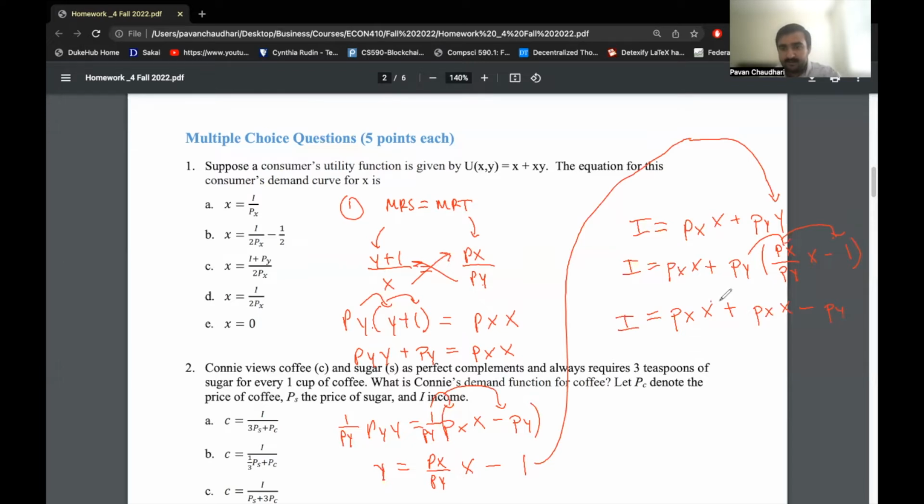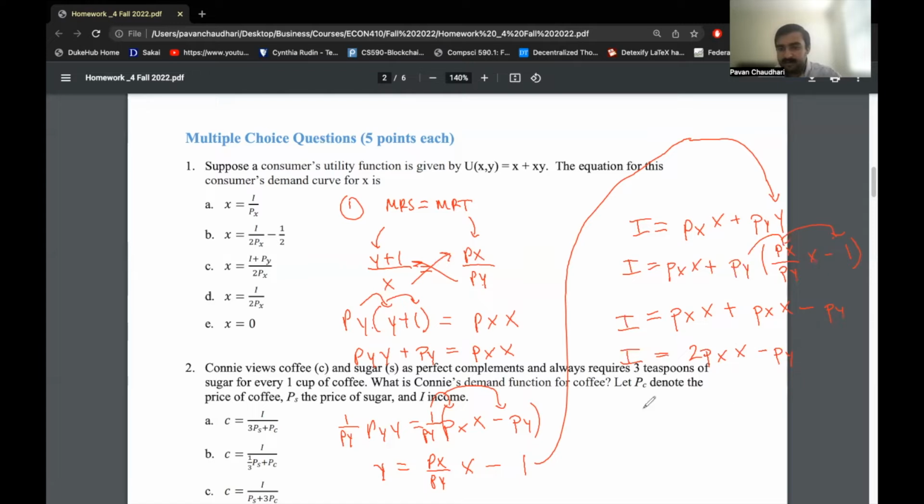Good. And so now we're solving for x. Here we have PX x plus PX x. So what you can do here is either think, well, it's 1 PX x plus 1 PX x, so it's 2 PX x, or you can factor out x and see that it's 2 PX that way. Either way, you get 2 PX x minus PY. Okay, and then we'll solve for x.